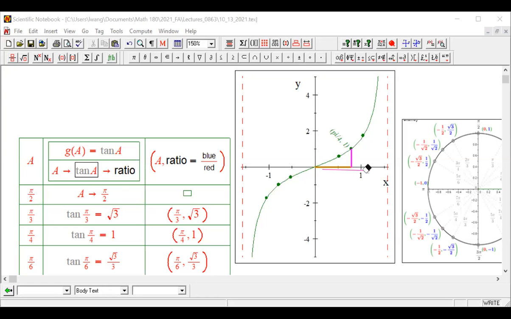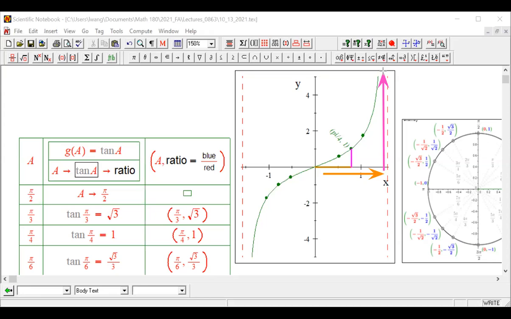I like the orange color. When the angle is approaching pi over 2 from smaller than pi over 2, because this point is pi over 2, what happens to the output? The output can go as high as possible.